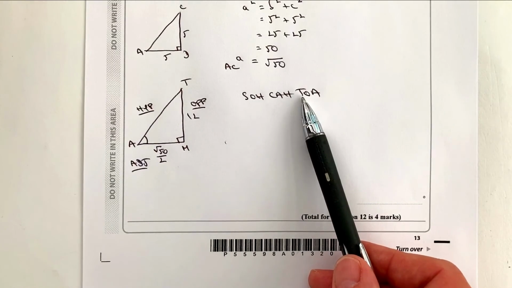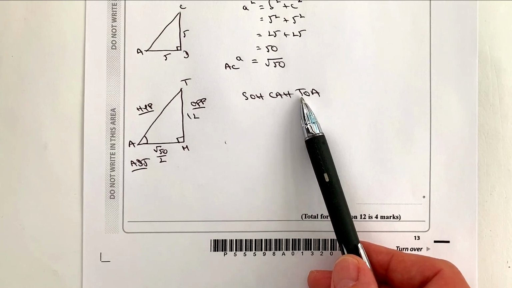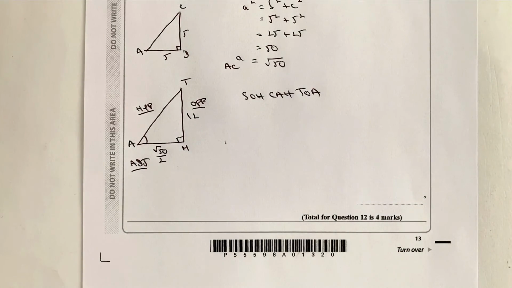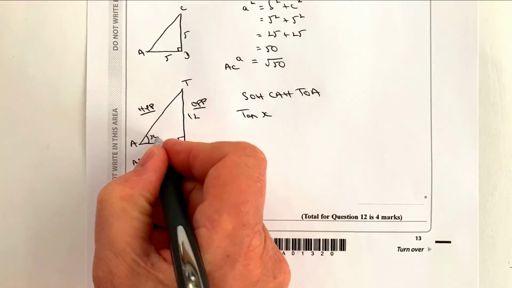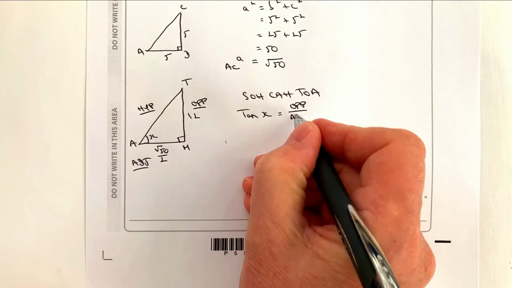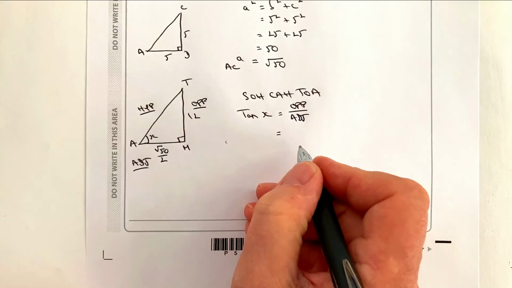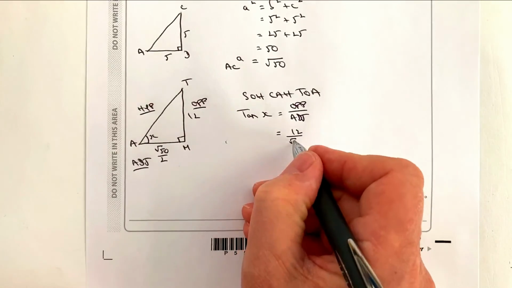So I've got those two, and I'm going to work out the tan of the angle, and then use that to work out the angle itself. Because I can say that tan of x, which is this one here, is equal to the opposite divided by the adjacent. Well, the opposite is 12, and the adjacent is going to be root 50 over 2.